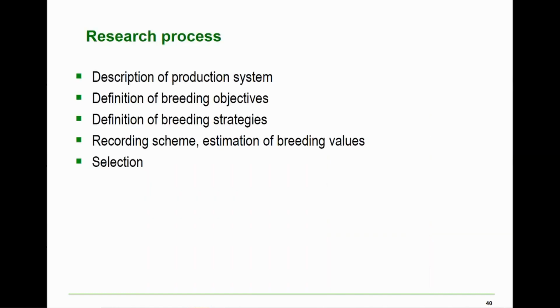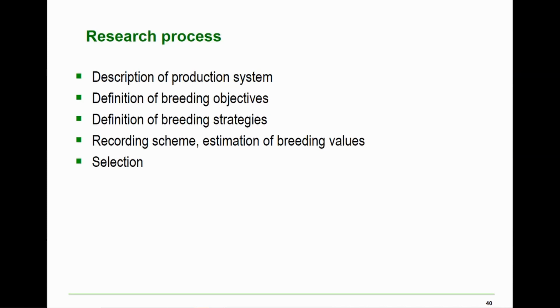The research process was the same as usual in the establishment of a CBBP. That is description of the production system, then trying to define the breeding objectives, define the breeding strategies, set up a recording scheme, estimate breeding values, and proceed with the selection.